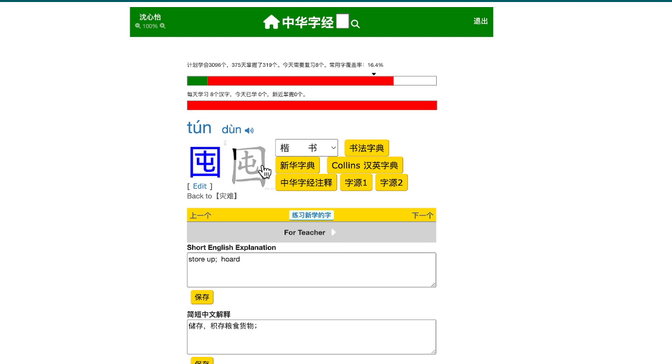So now you can see that this is collecting and accumulating inside what? Inside a structure, right? That is surrounded by 4 pieces of walls. Okay, so that's called a 屯. Very much easy to make sense of it.